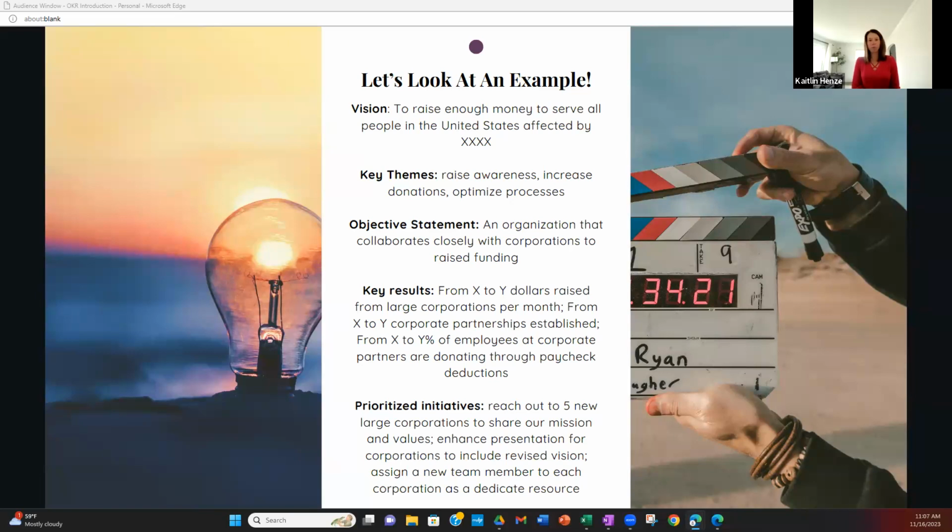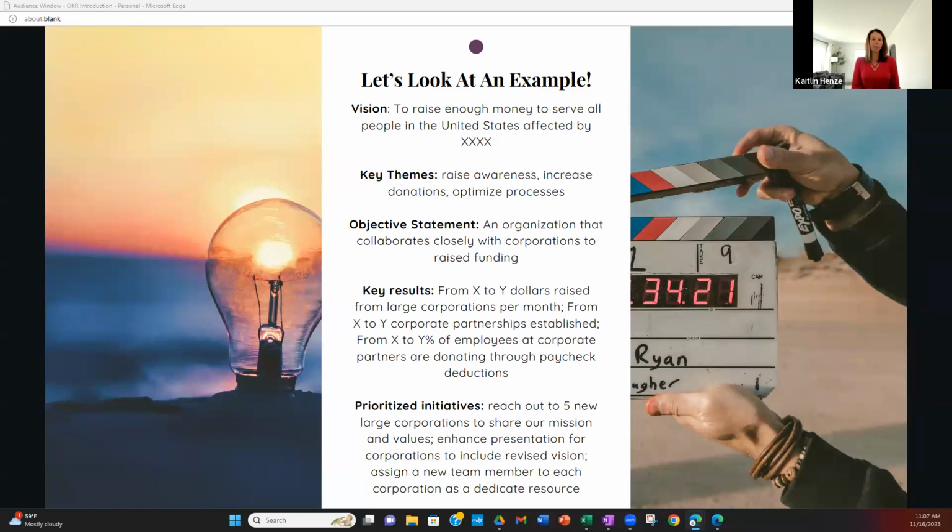One example objective statement from this could be an organization that collaborates closely with corporations to raise funding. Some key result metrics could be from X to Y dollars raised from large corporations per month, from X to Y corporate partnerships that are established, or from X to Y percentage of employees at corporate partners that are donating through paycheck deductions.